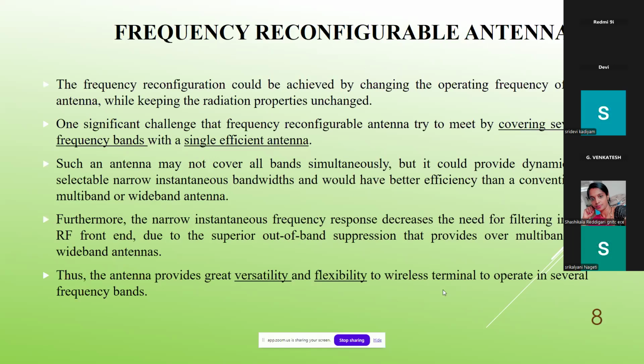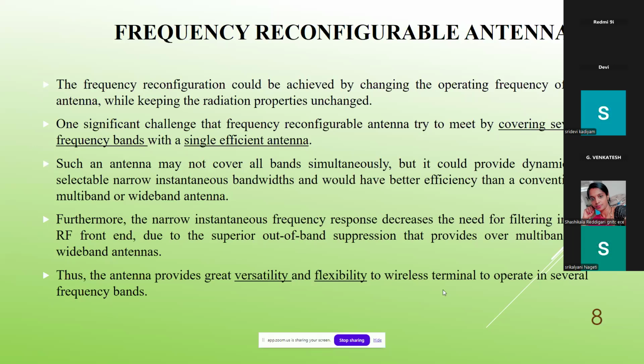Coming to the frequency reconfigurable antenna, frequency reconfiguration could be achieved by changing the operating frequency of the antenna while keeping the radiation properties unchanged. One significant challenge that the frequency reconfigurable antenna tries to meet is covering several frequency bands with a single efficient antenna. This is a very interesting technique. Such an antenna may not cover all bands simultaneously, but it could provide dynamically selectable narrow instantaneous bandwidth and would have better efficiency than a conventional multiband or wideband antenna.